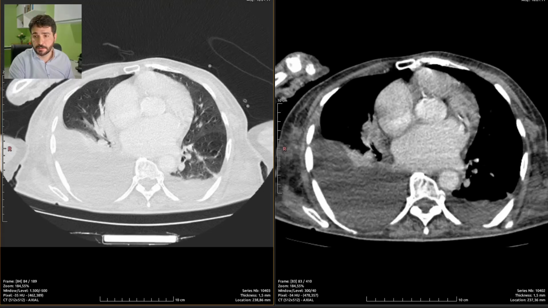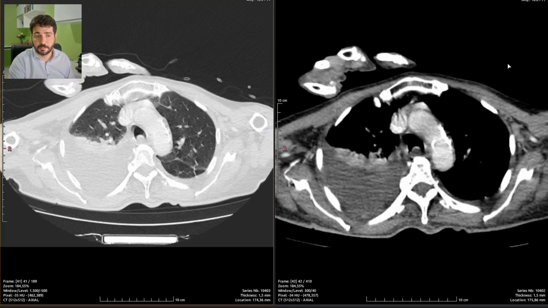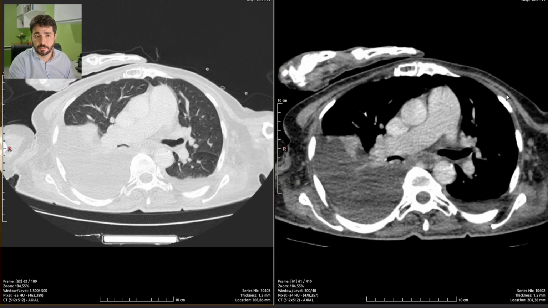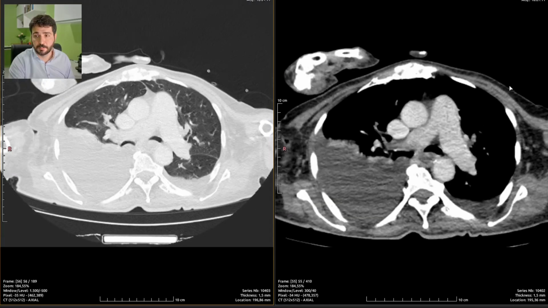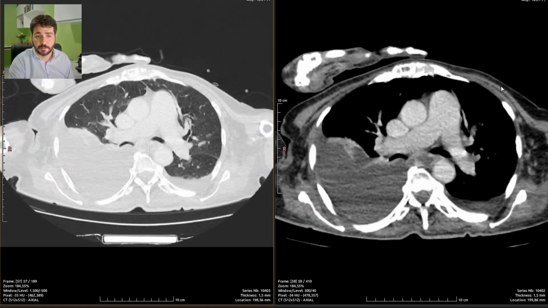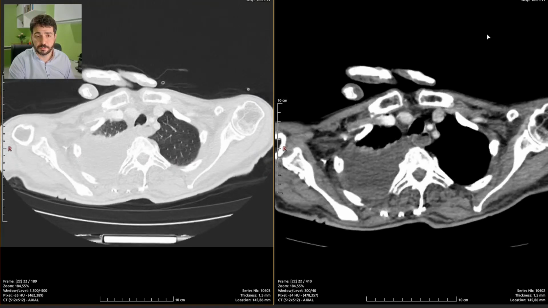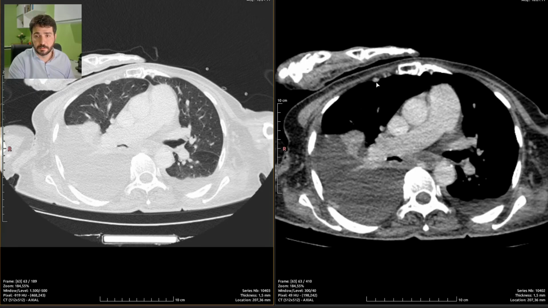Enlarged heart, atherosclerosis all over the place, but we can't really tell if there are proper secondary lesions on this parenchyma, this nodular thickening.